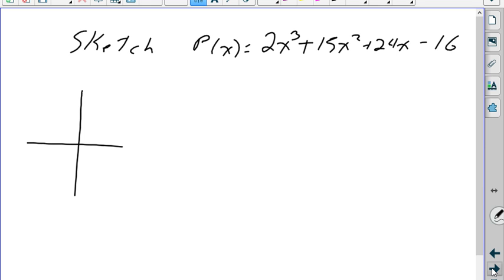The only two pieces of information that I know here are that it crosses at negative 16 and it has end behaviors like that. Other than that, I don't know anything from my general form. So maybe we should see if we can get something from a factored form.